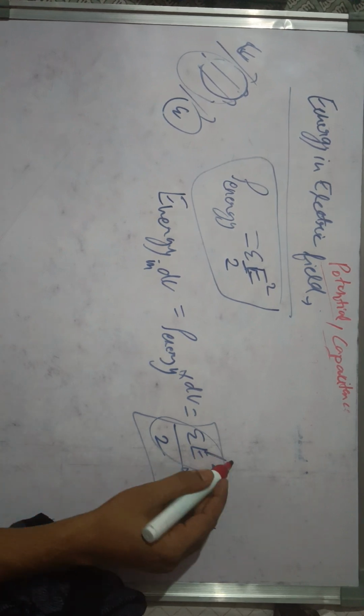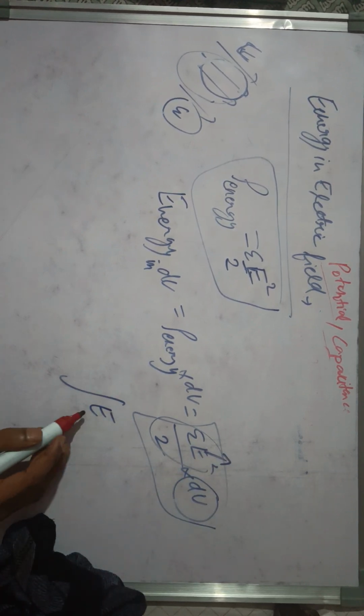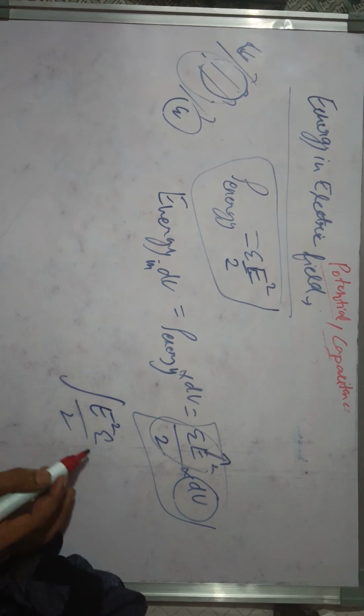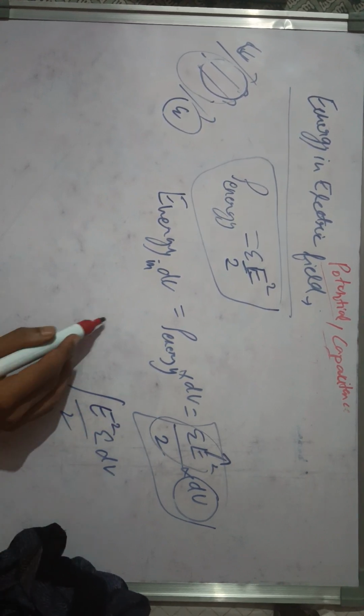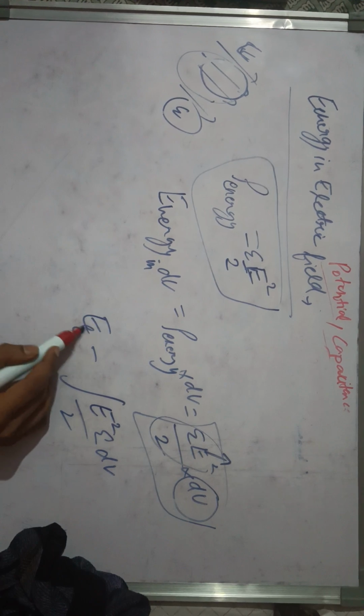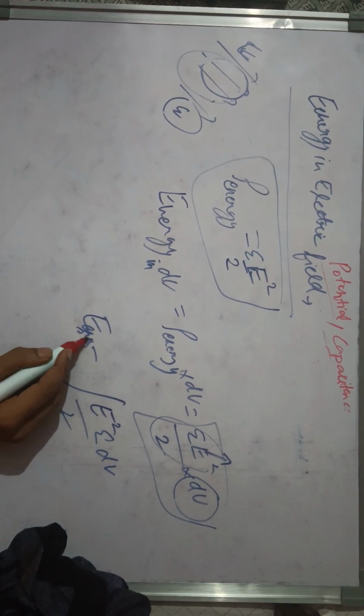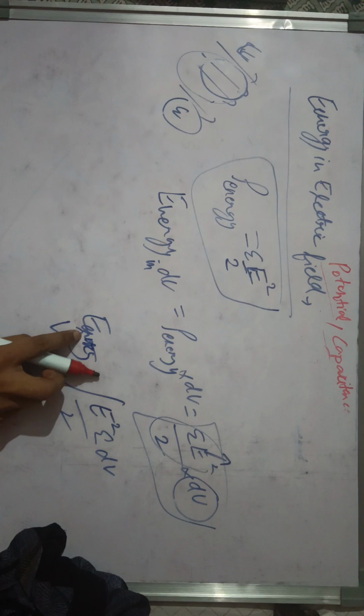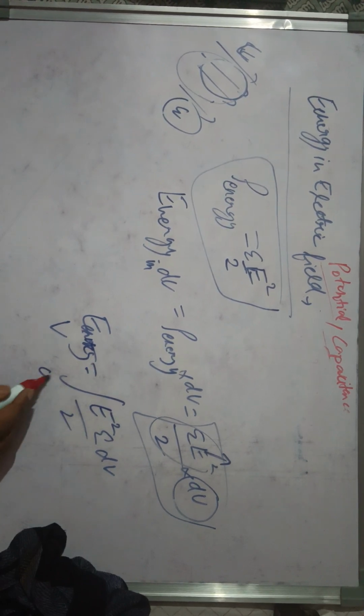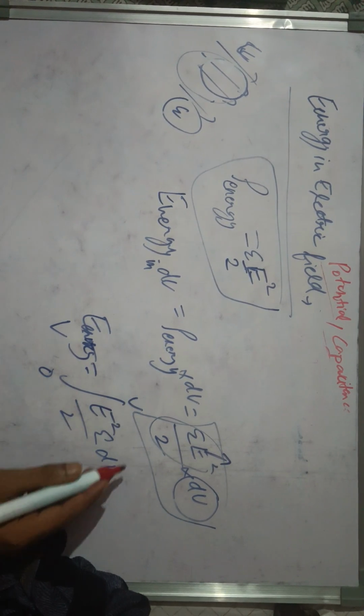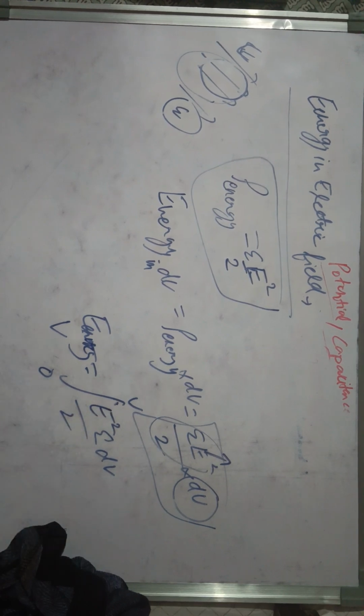And if E is variable, then we have to take the integration of E square epsilon by 2 dV to calculate the total energy in the volume V. If E is constant, then simply we write E square epsilon by 2 into V. E can also be variable, so this may need some integration.